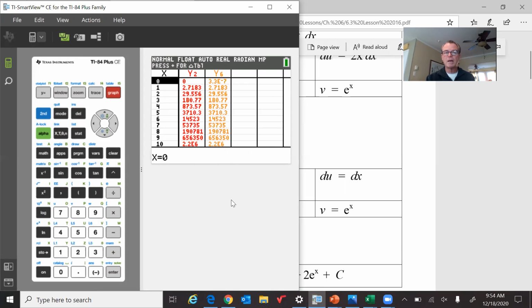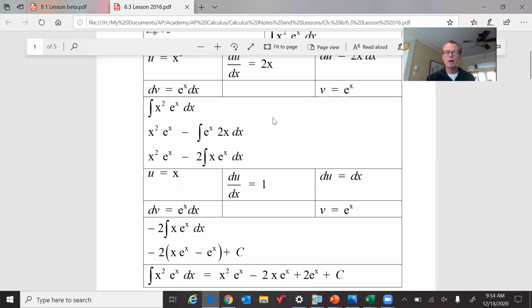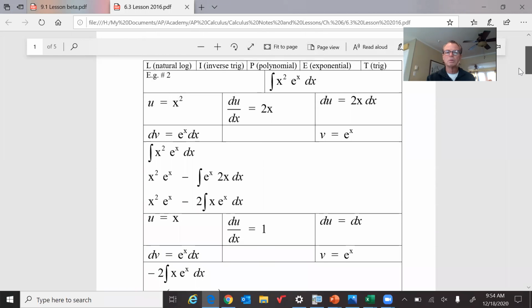The tables match up, which is confirming that you did what? When you take the derivative of your answer, you get back to the question. So you've used this technique before with your calculator. And what we're going to do is leave this up here. All right. And that's your model for you to go to problem number 5.